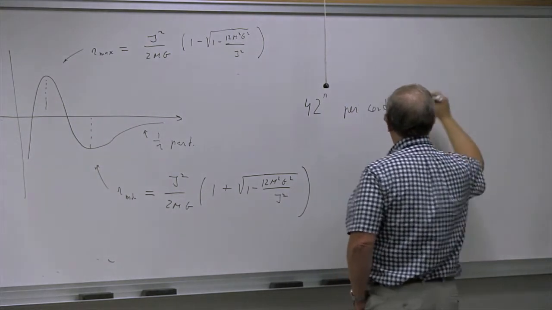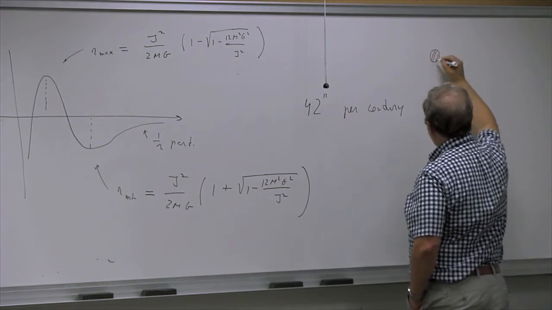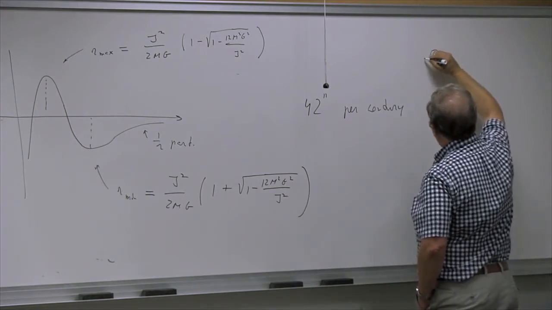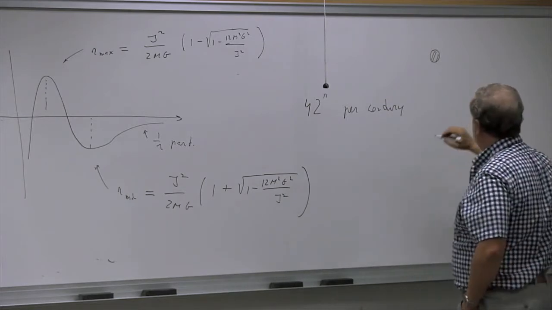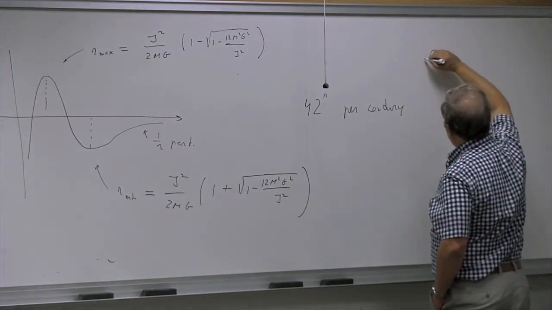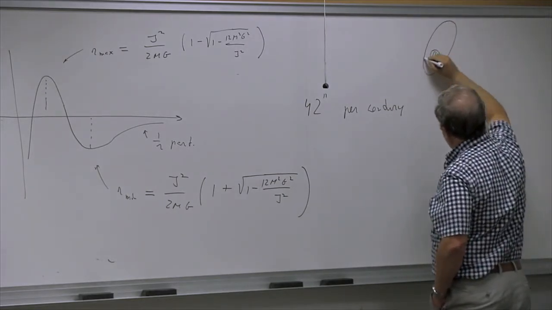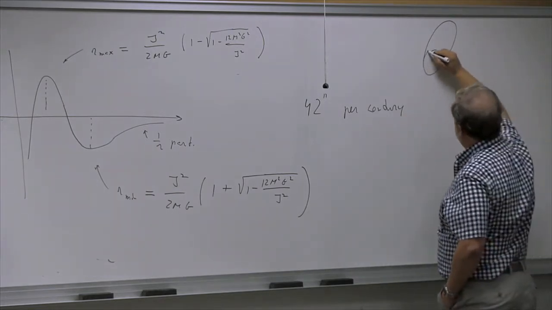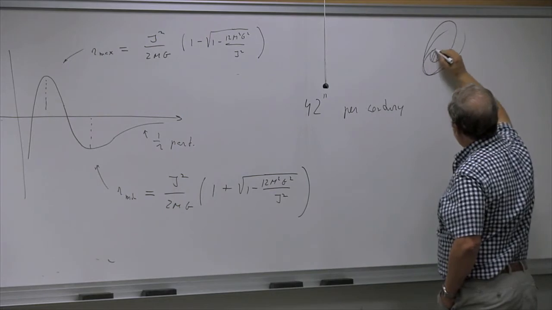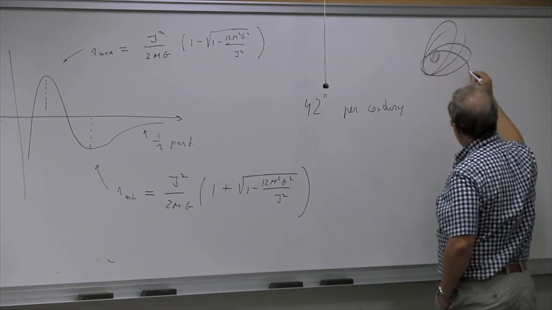So in other words, if this is the sun, then the orbit of Mercury, if there was no 1 over r cubed correction, would be just a Kepler ellipse. It would be like that. But because of the 1 over r cubed term, the orbit looks like a rosette. It looks like that.